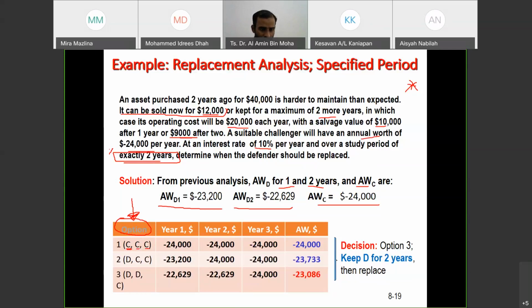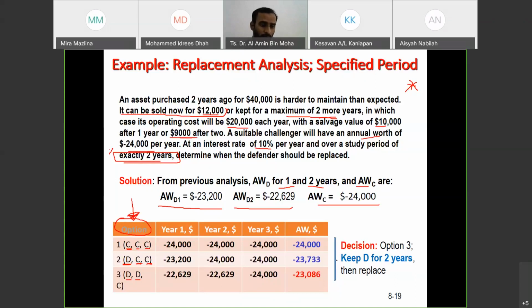Or you keep it for 1 year as defender, and the second year is challenger, the third year is challenger, meaning a new asset. Or we can take another option, keeping it for a maximum of 2 years: defender, the old machine, for year 2, and then challenger, the new machine.